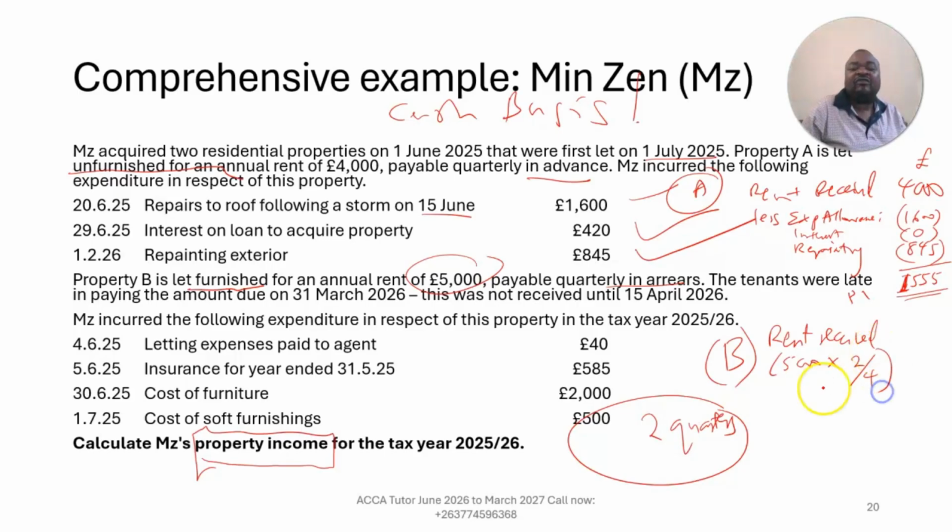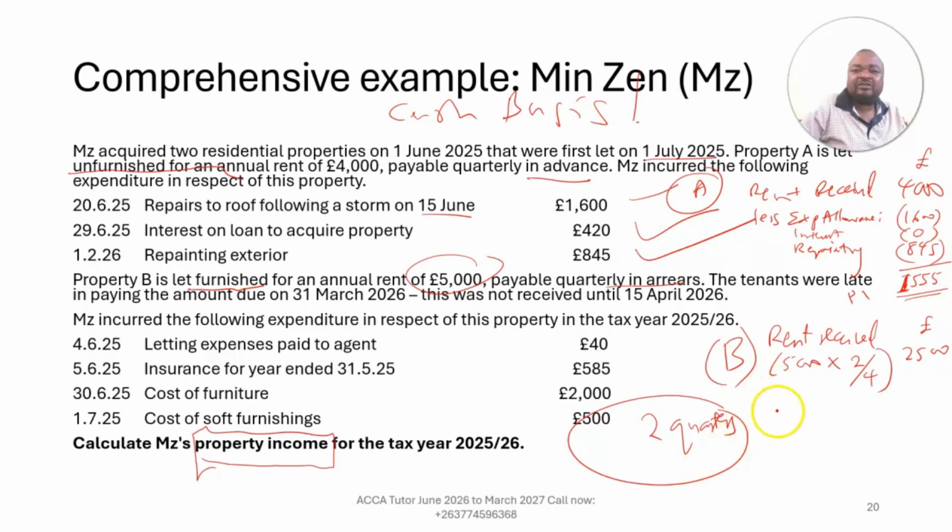Why am I saying 2 over 4? Because we have got 4 quarters in the year, but only 2 were paid for. So that's the idea. So what do we get there? That's 2,500 as the rental which was received.